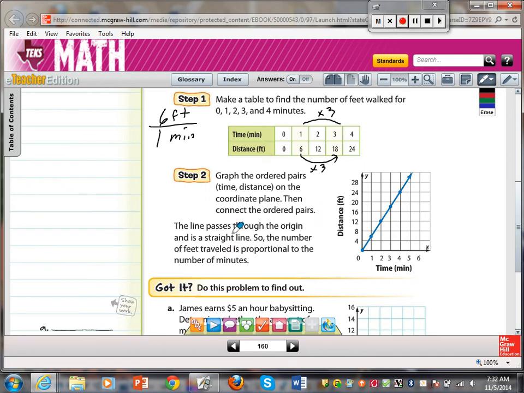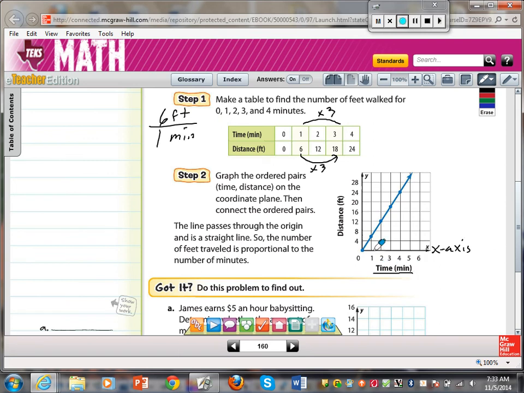So here we go. If you look at the graph here, what's very important about graphing points is that you have to label your graph very, very well. And usually, not all the time, but time will always be on your x-axis. So time will be labeled, and as you can see, you have to label your axes.